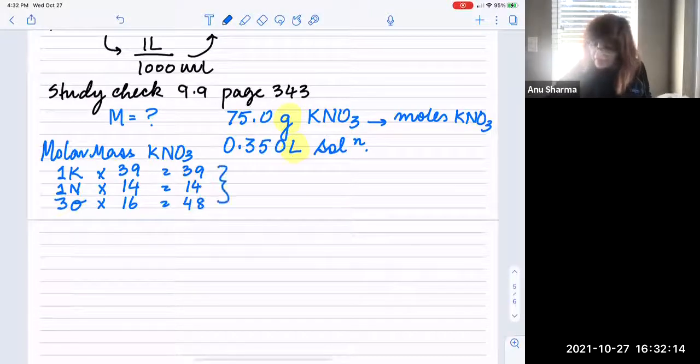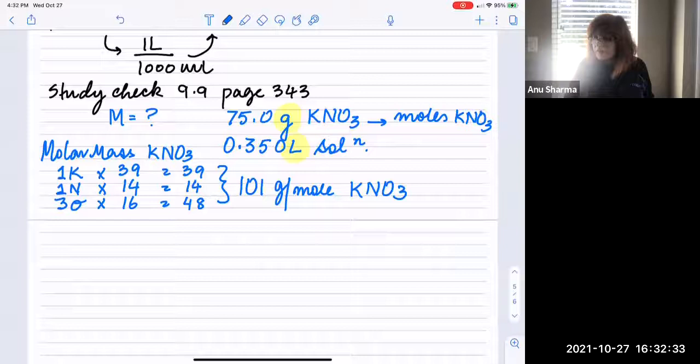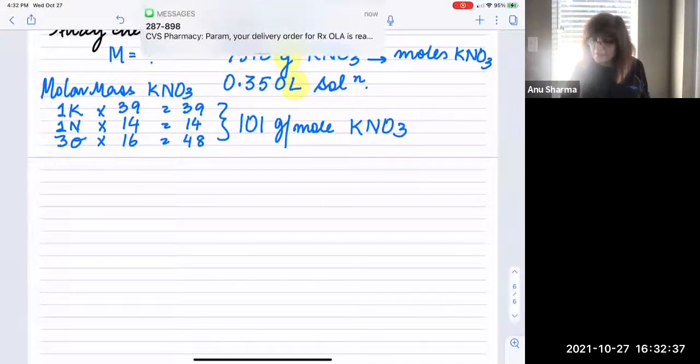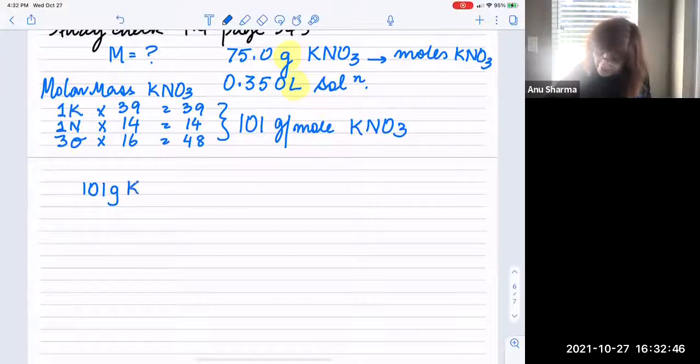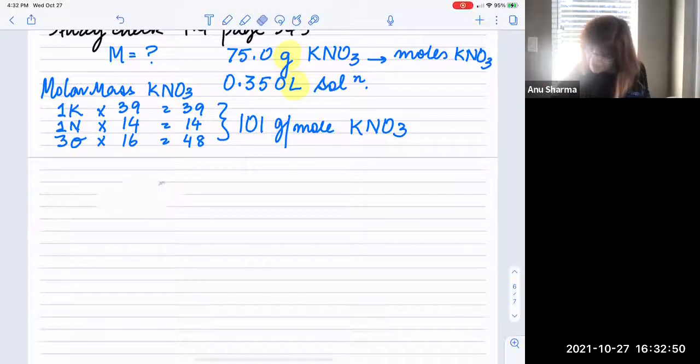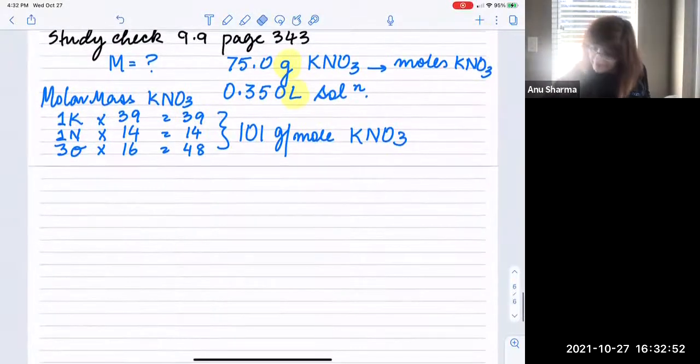You add these, and you get 101 grams per mole of KNO3. Okay, sorry, it's not 101 grams, it is 75 grams that we convert.